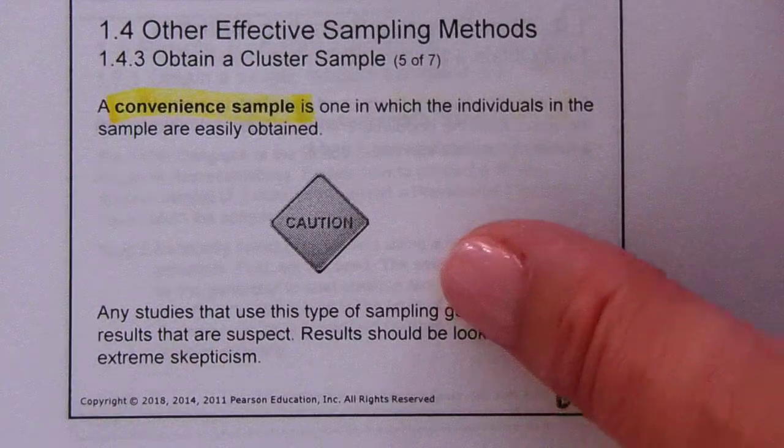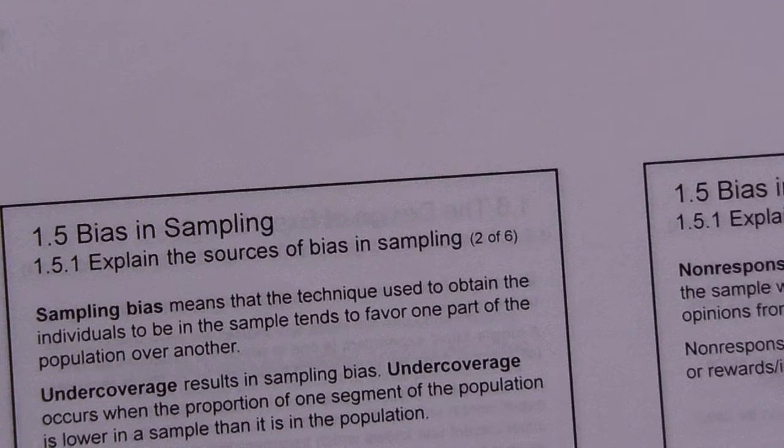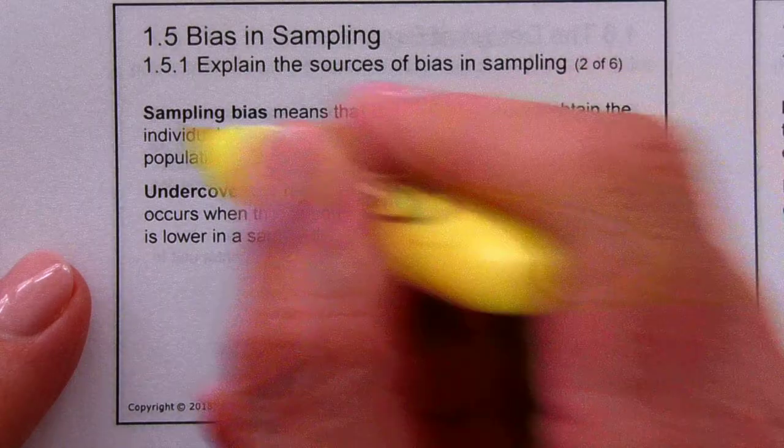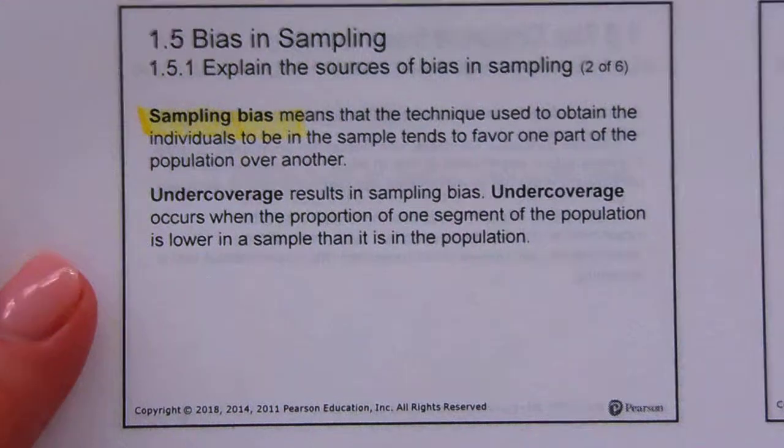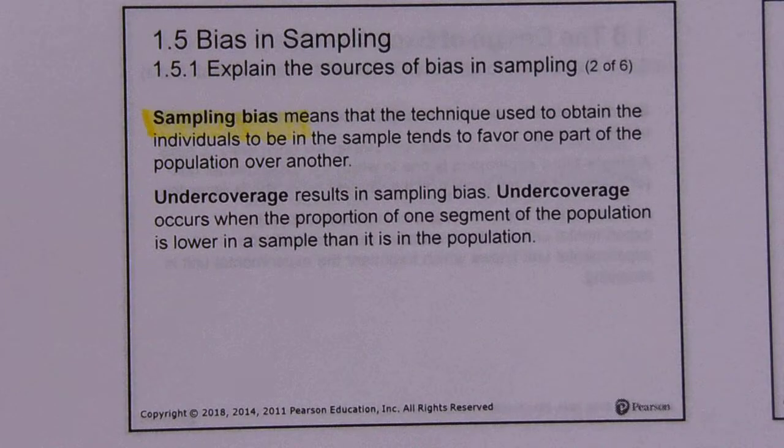So we have biases in sampling. There are 3 types of biases. The first one is a sampling bias. That means that the technique I used to create the sample was flawed in some way, so it didn't give me a sample that was representative of the population.